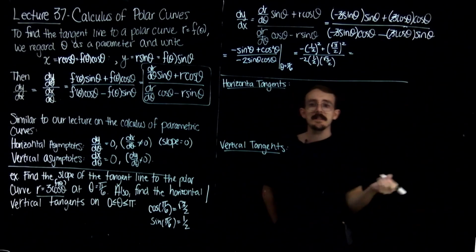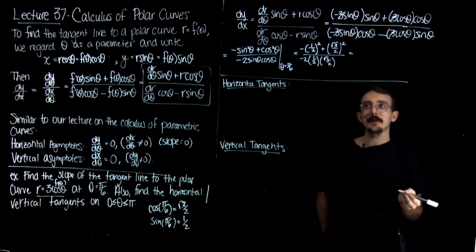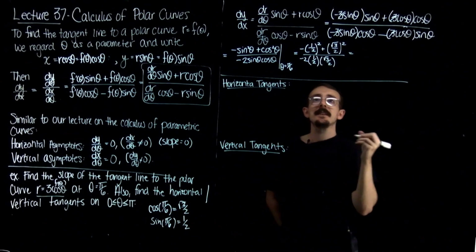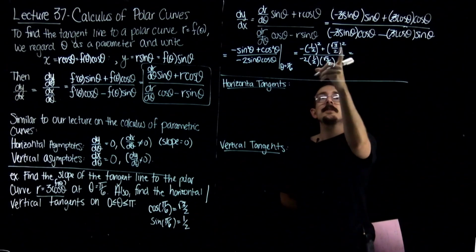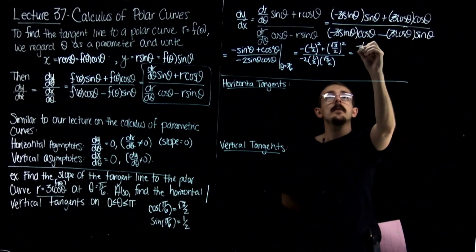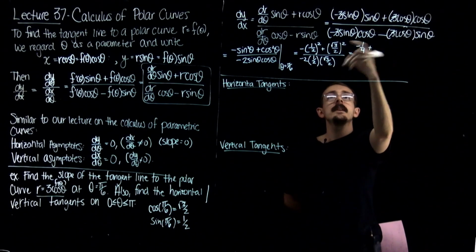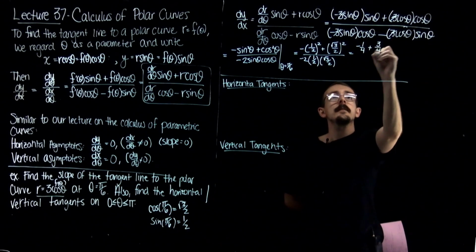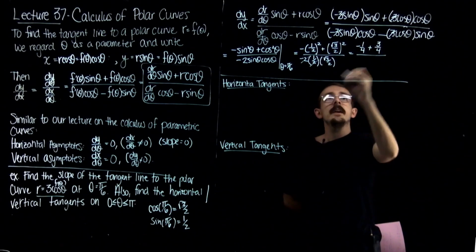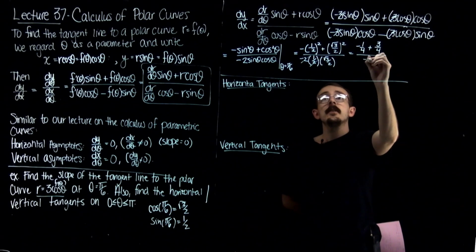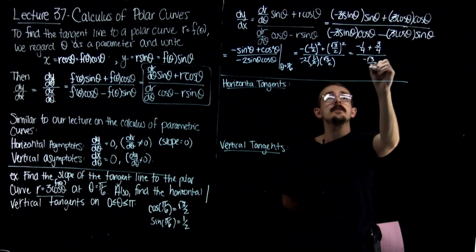And this now becomes just an exercise in simplification. So what can you do to make this as easy to simplify as possible? Well, let's just go piece by piece here. I'm going to do negative 1 over 4 plus this would give me 3 over 4. Notice I have a 2 and a 2 that cancel. And I get negative root 3 over 2.